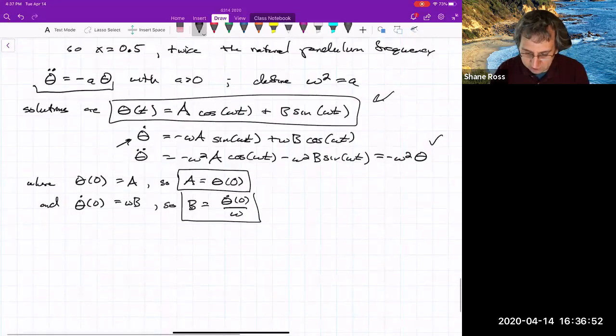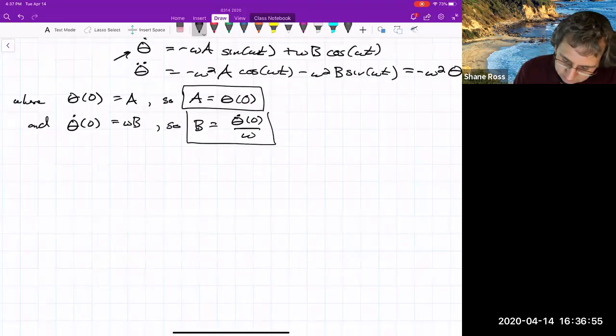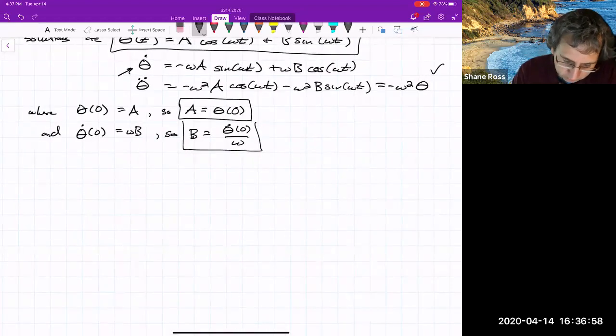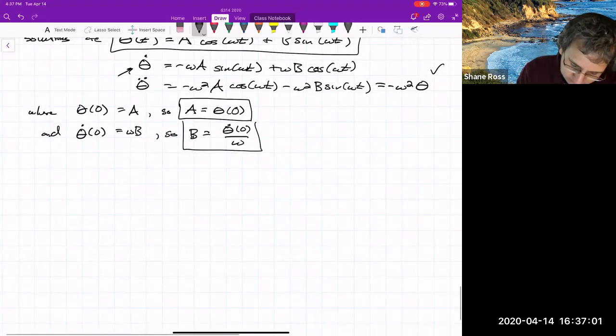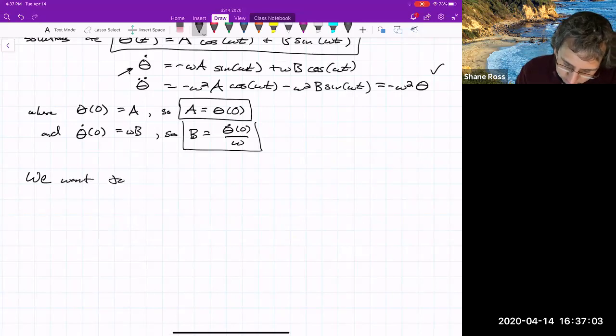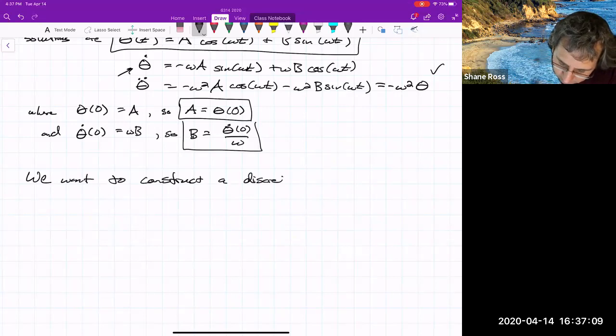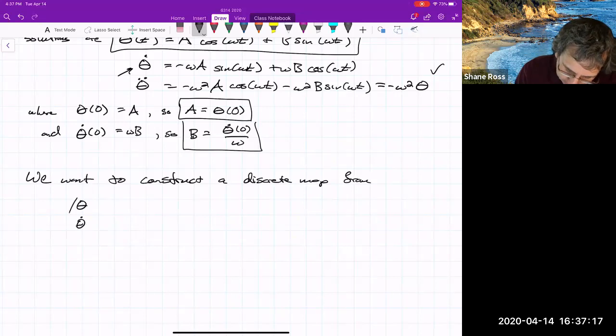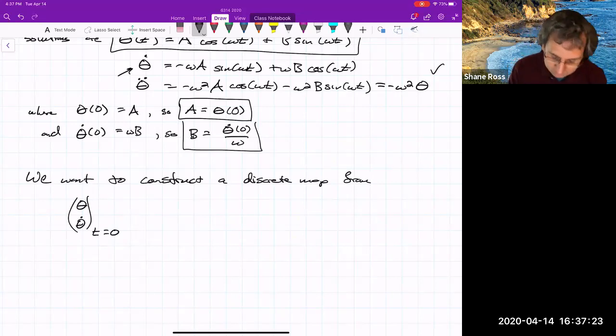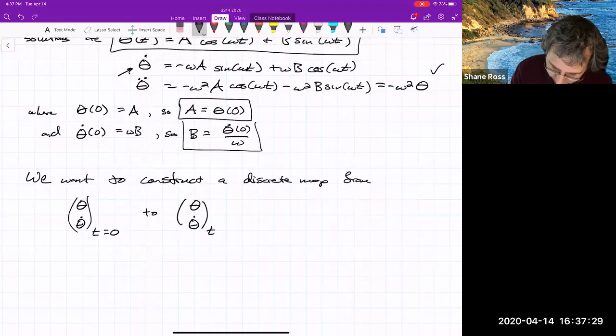Since we can analytically write solutions, we should be able to do this. We want to construct a discrete map from theta and theta dot at the initial time, so the beginning, to halfway through the forcing cycle. So from time equals 0 to time equals pi times x.